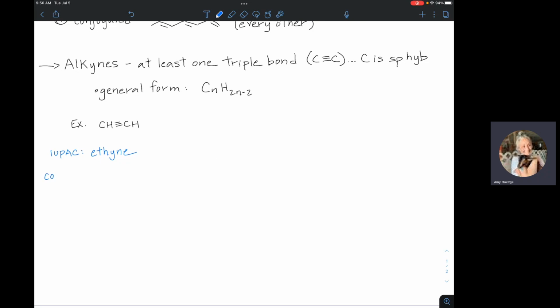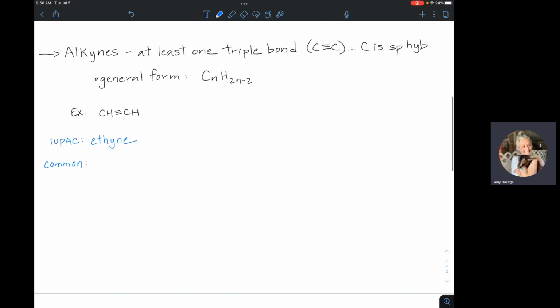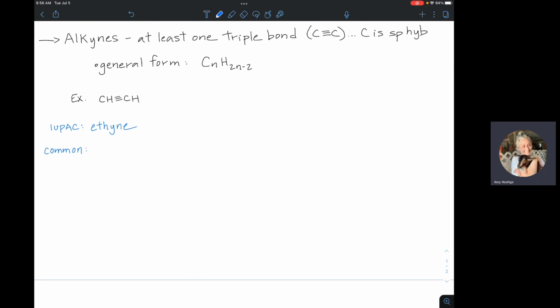In common nomenclature, annoyingly, some of the smaller alkynes are named using the alkene suffix. And we'll use the common sort of prefix to indicate however many carbons there are. And those common prefixes actually come from common carboxylic acids. And the carboxylic acid that only has 2 carbons is acetic acid.